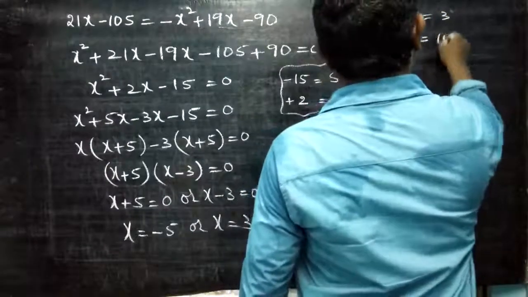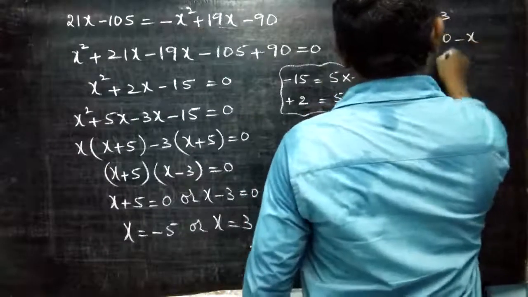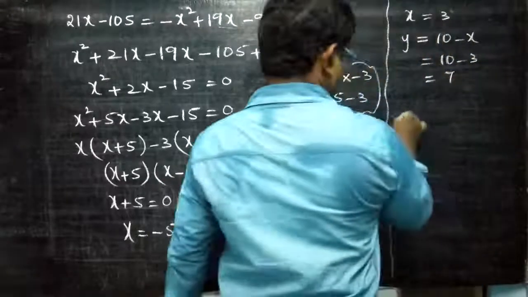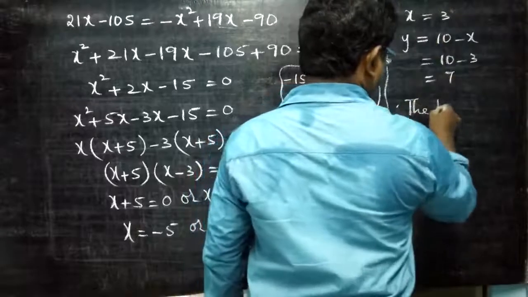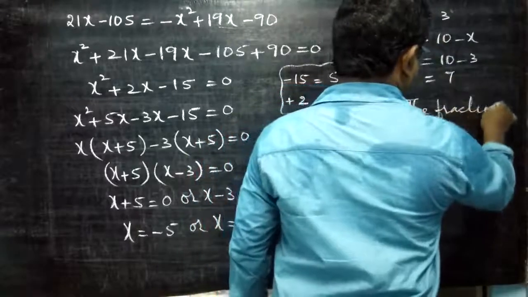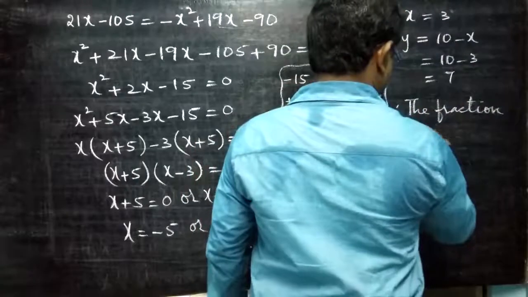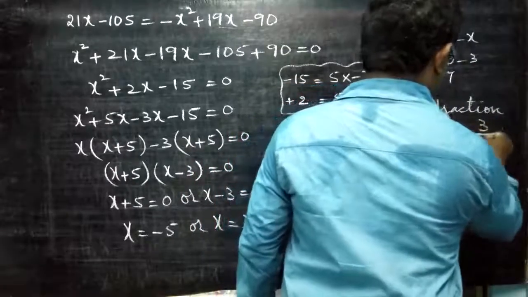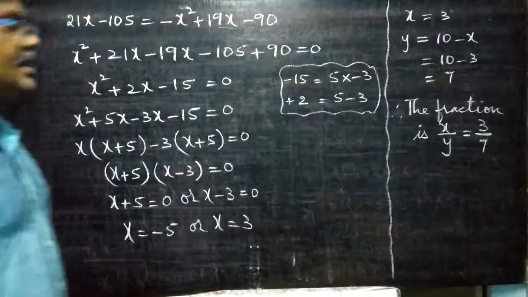Y we thought as 10 minus x, 10 minus 3, that is equal to 7. Therefore, the fraction x by y is equal to 3 by 7. That is the answer.